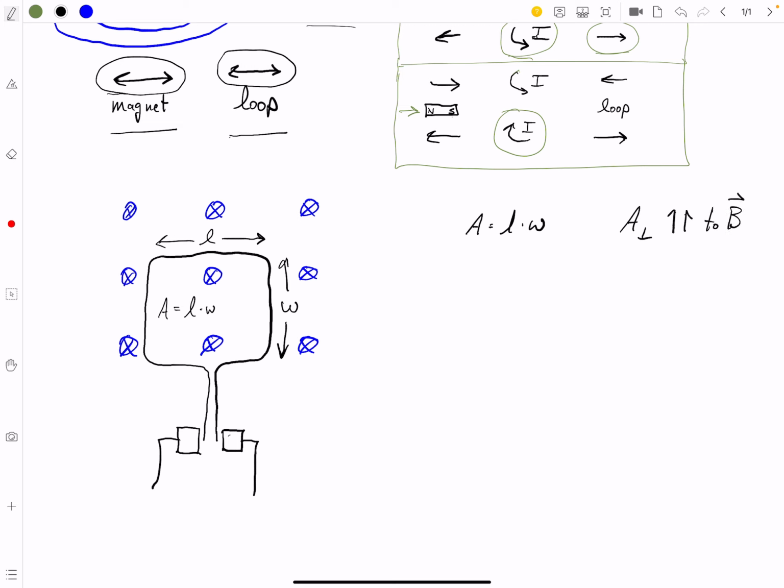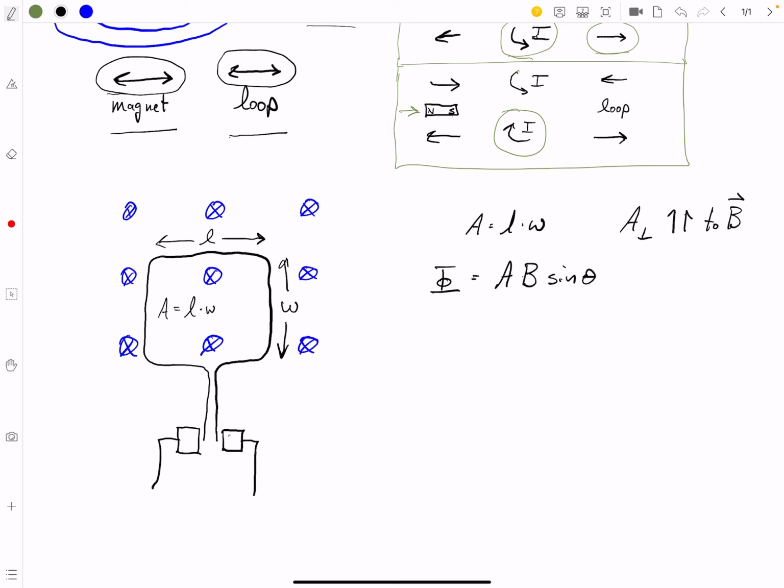Okay, so then when we do our magnetic flux, the main equation is your A times B, your area times your magnetic field, times the sine of the angle between them.